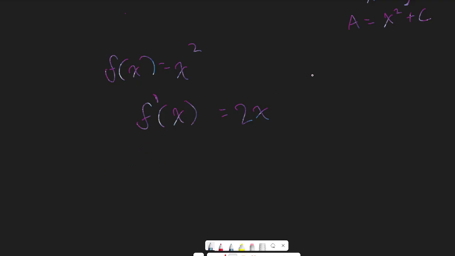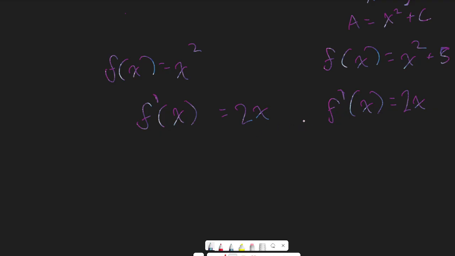But let's say our function was f of x is equal to x squared plus 5. In this case, the derivative of a constant is always 0. So f prime of x is still equal to 2x. So over here, you can see that the constant is lost in the process of differentiation.